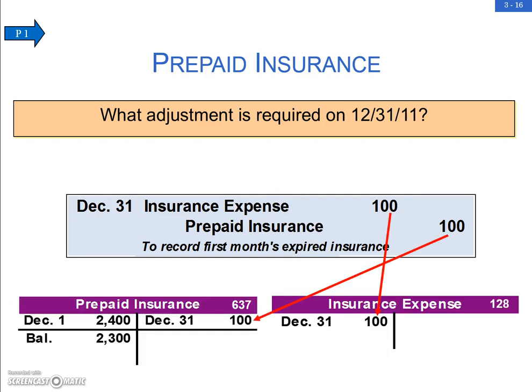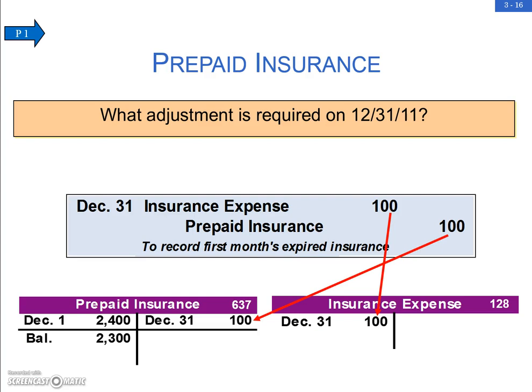So when we post this adjusting entry on December 31st, the end of the year, we'd be crediting the prepaid insurance account by $100. And now the balance would be $2,300. So the next step for us, just like in Chapter 2's homework, would be to prepare a trial balance, right, before we put out our financial statements.